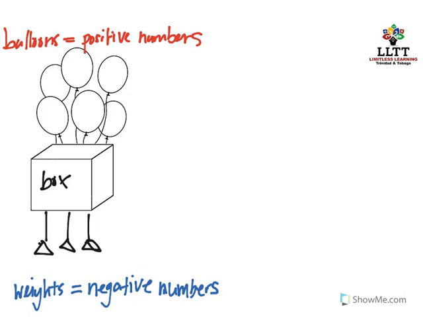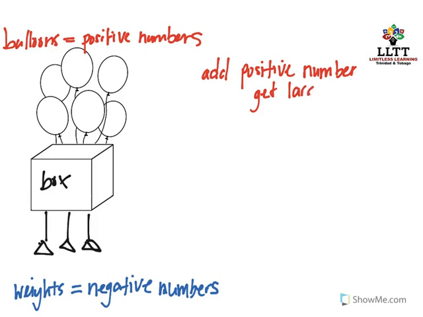So when you add balloons, which is the same thing as adding a positive number, the box gets pulled upwards, which means that you get larger. So when you add a positive number, you get larger. The amount or the result is going to be larger than what you started off with.